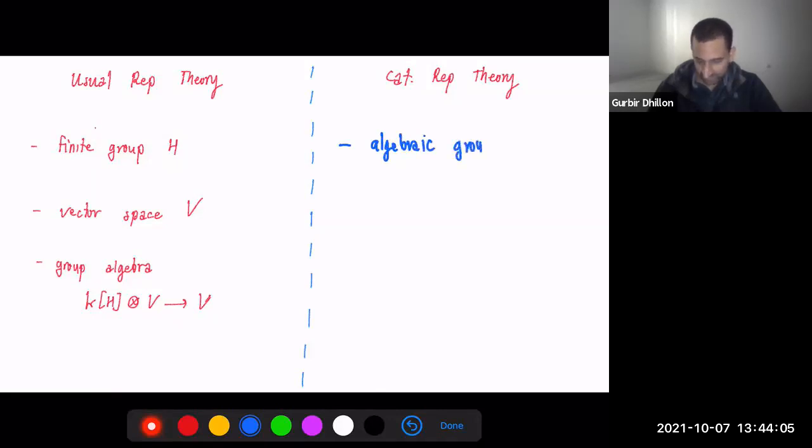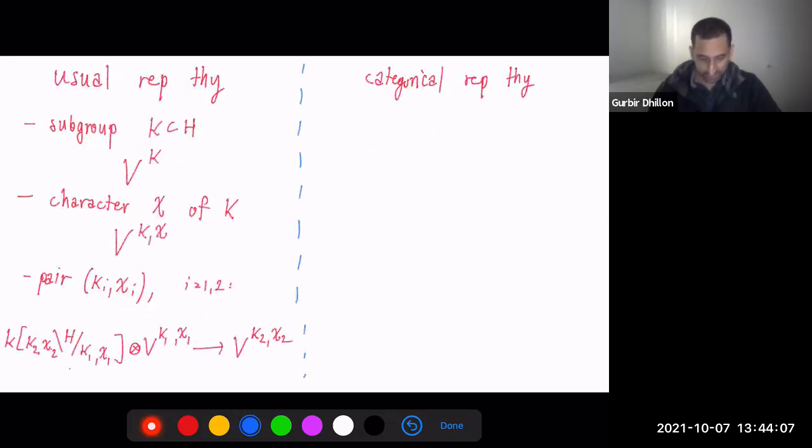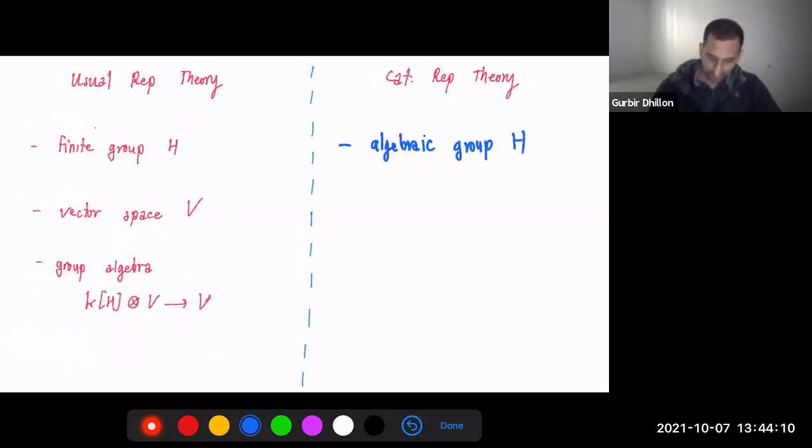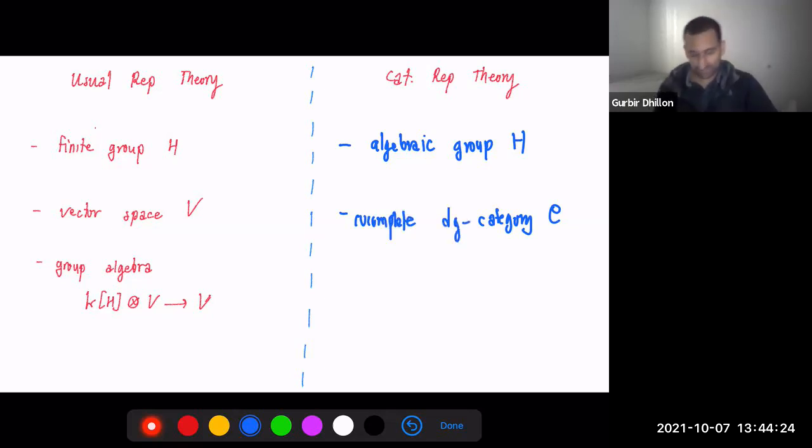More precisely, we're going to work with an algebraic group H. The analog of a vector space being acted on is a category C. There's a technical point here: what you typically work with is not a category but a DG category, and normally you want to work with cocomplete DG categories. But you can just read this all as a category.